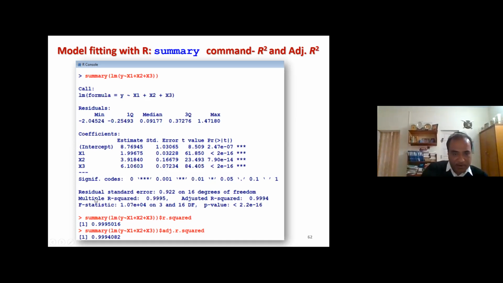Then you have here residual standard error, which is here 0.922. And so this is the value of sigma square hat, right?